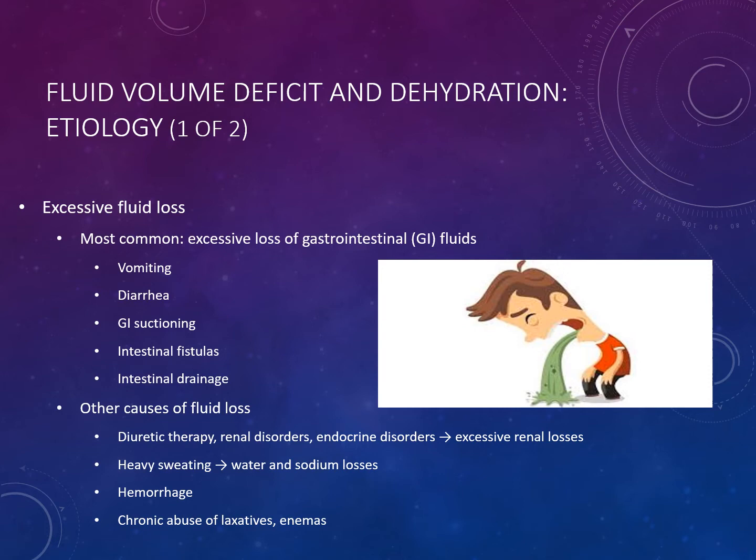Hemorrhage, we didn't really mention hemorrhage, but bleeding causes us to lose vascular volume, and of course, hemorrhage leads to death. We can't bleed out. And then chronic abuse of laxatives and enemas as well.